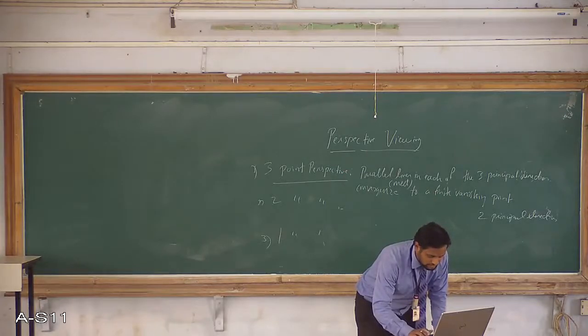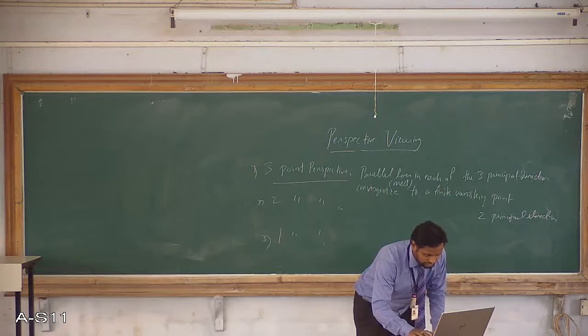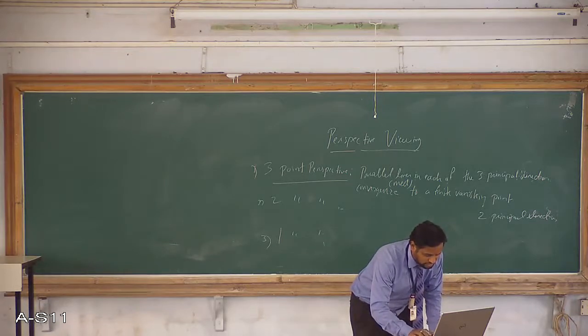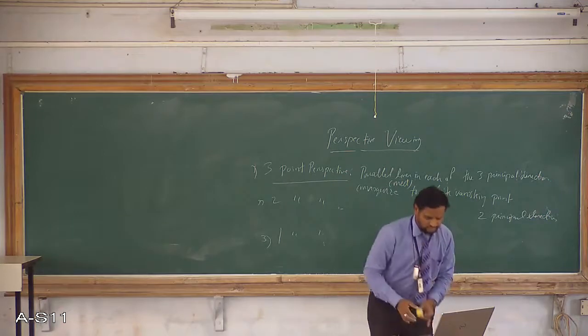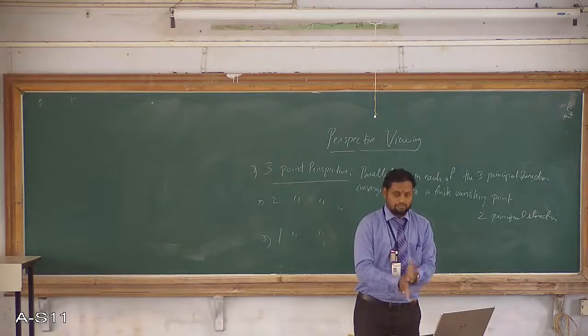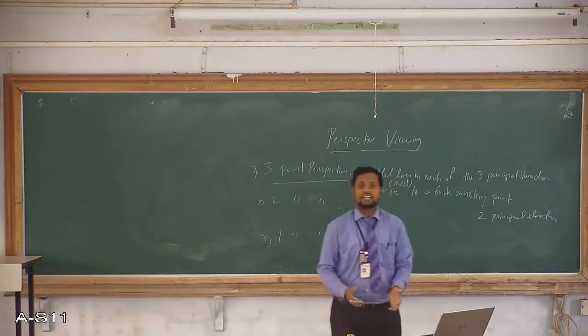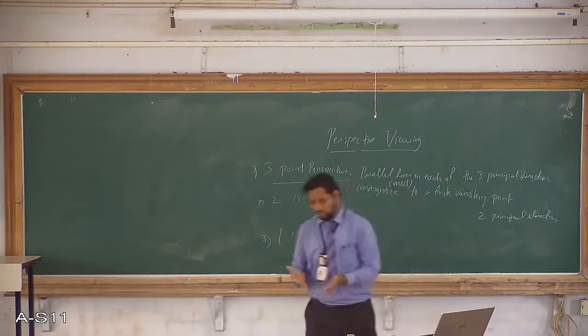So these are the different perspective viewing types. In the next class, I am going to teach the remaining topics. What we learned today is parallel views and perspective views. Parallel views are orthogonal to each other.